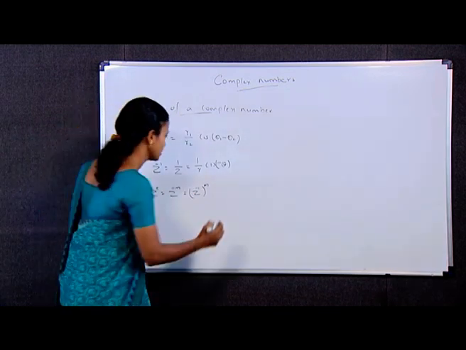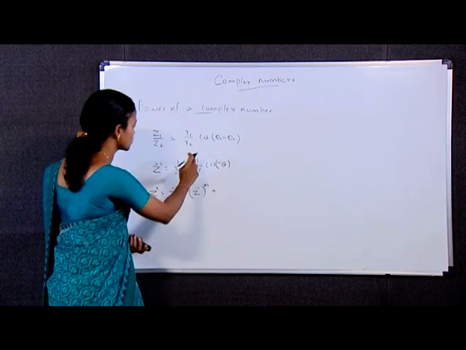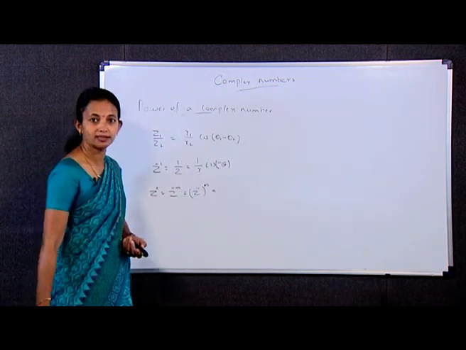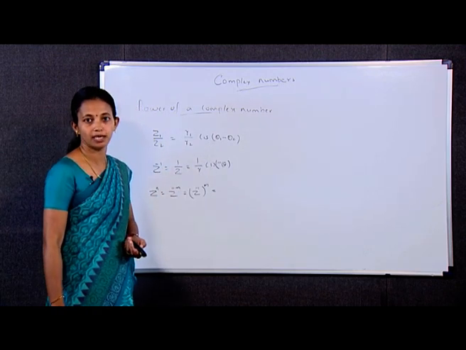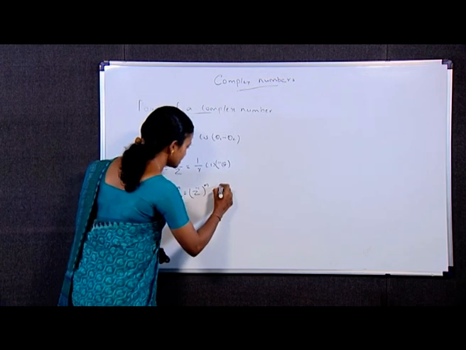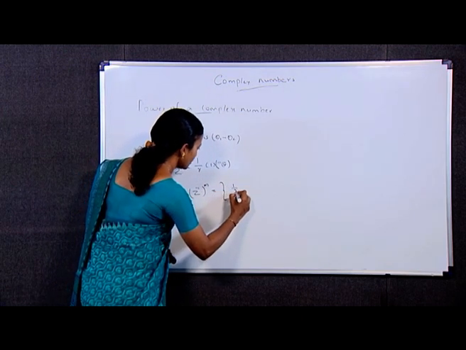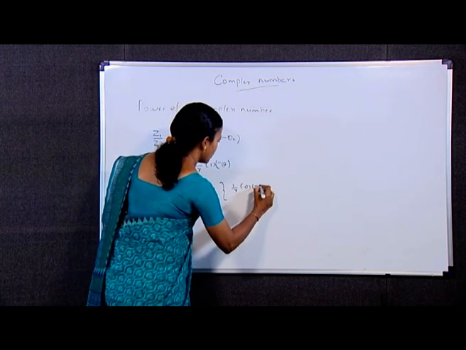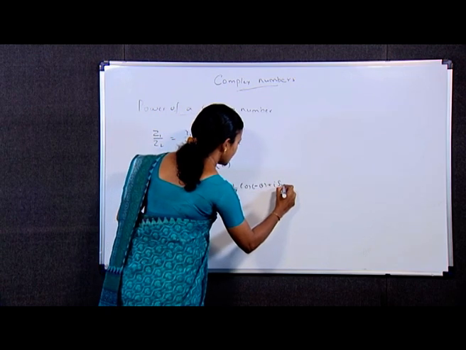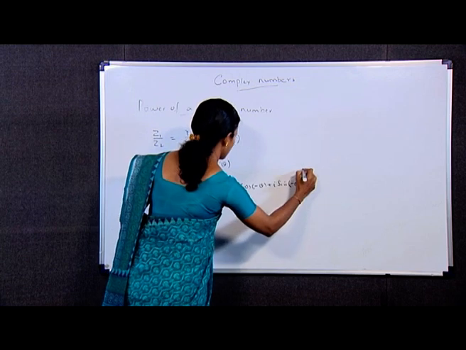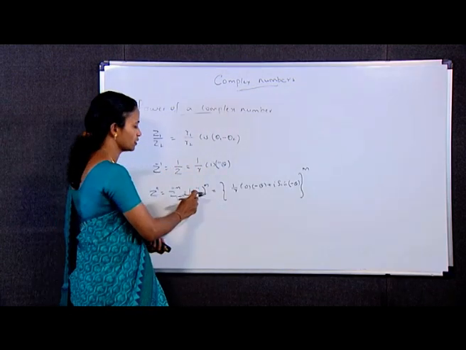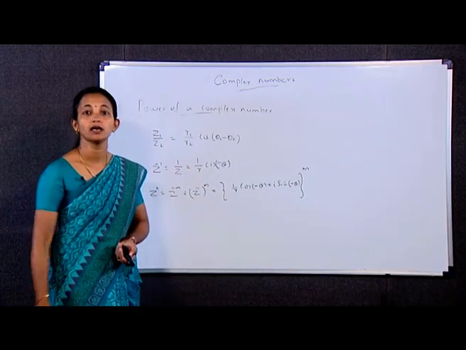We have z raised to minus 1 equal to 1 by r cis minus theta, or 1 by r (cos minus theta plus i sin minus theta). Here we are considering z raised to minus 1 whole raised to m.